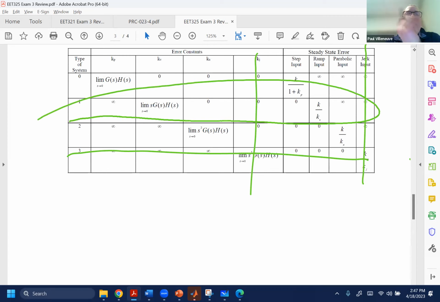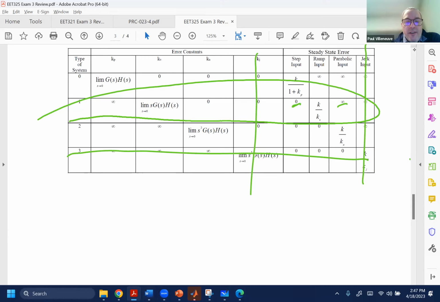A type 1 system says my value of K sub P is equal to infinity and K sub A is equal to 0. So all I have to do is calculate K sub V. For a step input, you can see that the error is going to be equal to 0. And for a parabolic input, it's going to be infinity.